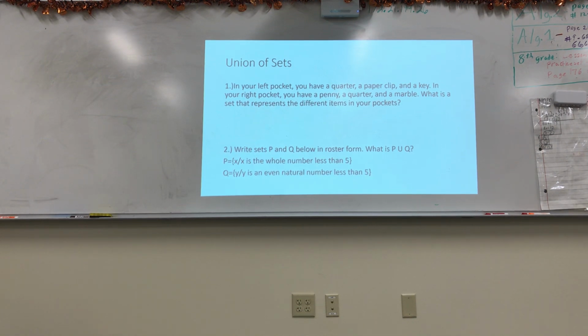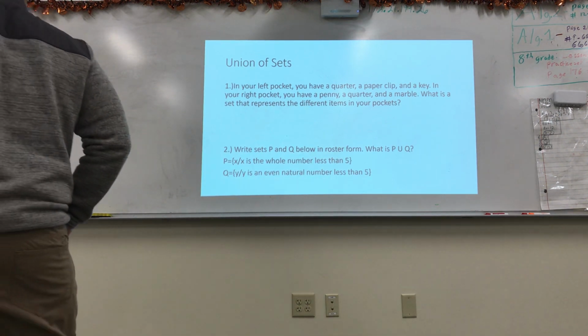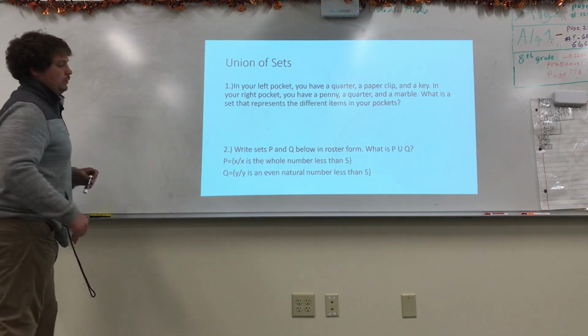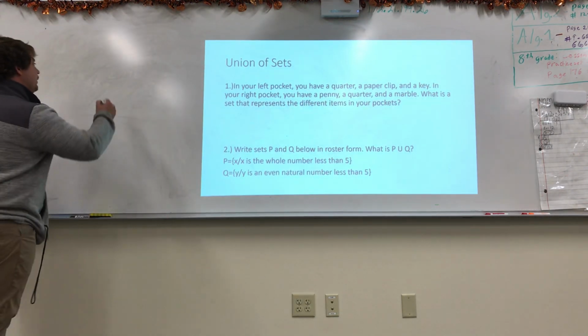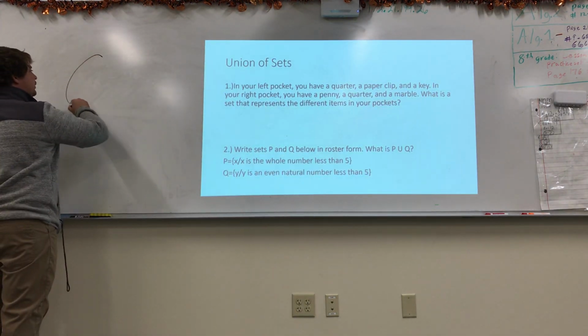So, in your left pocket, they do it a little bit different in the book. Left pocket would be this pocket, so I'm going to put it on the left, in a circle.